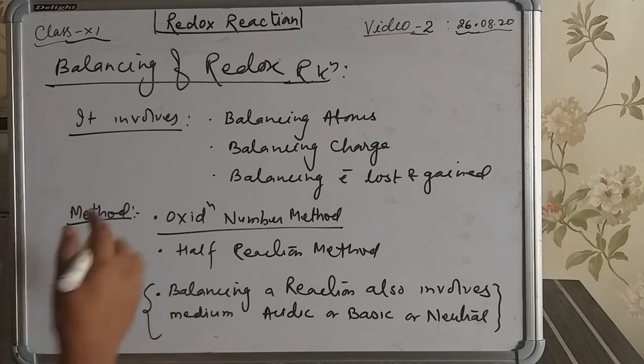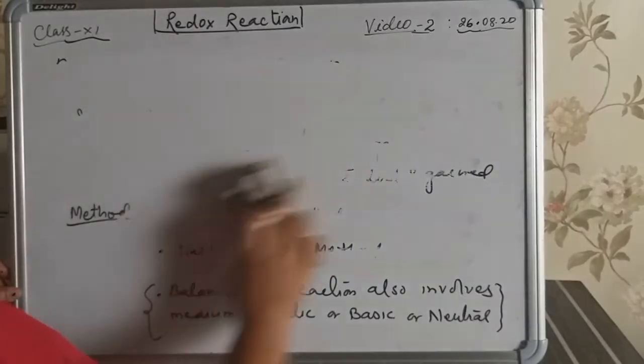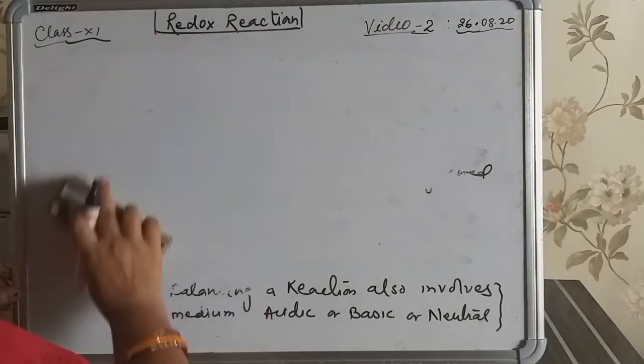The oxidation number method involves the following steps.